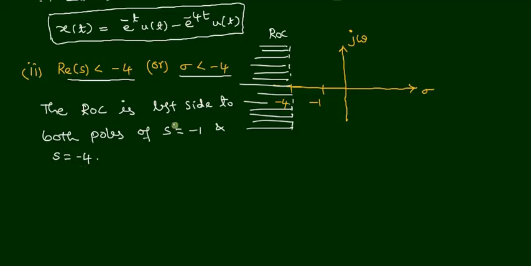So when this ROC is left side, then we need to change the polarities, right? So the basic inverse Laplace transform.